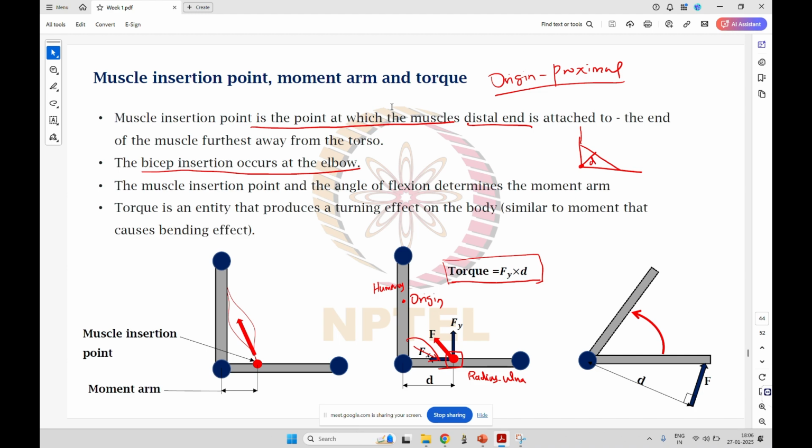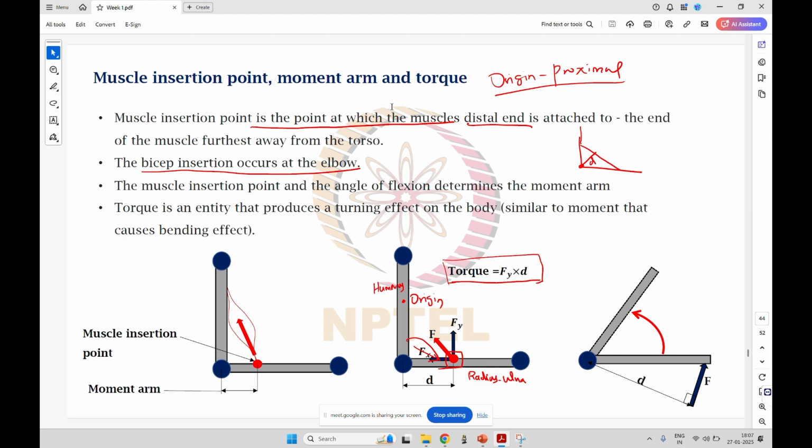But that is a relative description of sorts. In a normal case scenario, if there is no description of what the point of reference is, always assume that it's the subject or the body itself, and whichever point is closer is the proximal point and the further one is the distal point. Does that make sense?